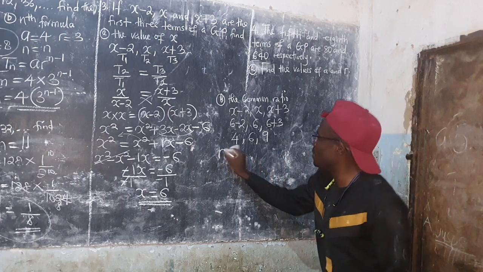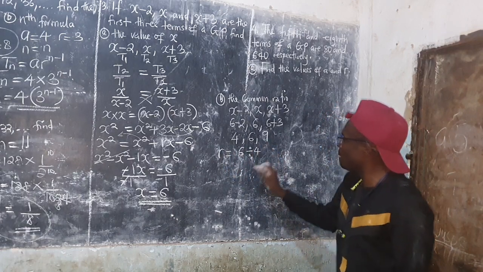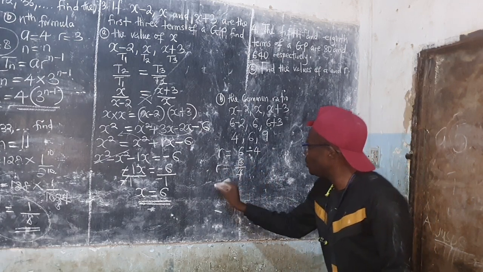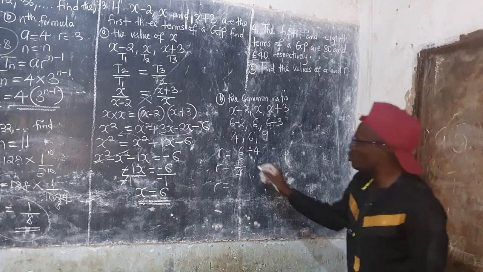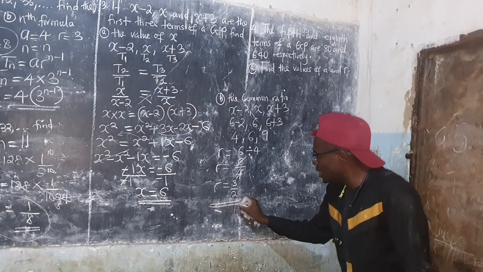Fine. R is equal to what? 6 divided by 4, which is R is the same as 6 over 4. Which means R is equal to what number can go into 6? 2 there, 3. 2 there, 2. So R is 3 over 2.